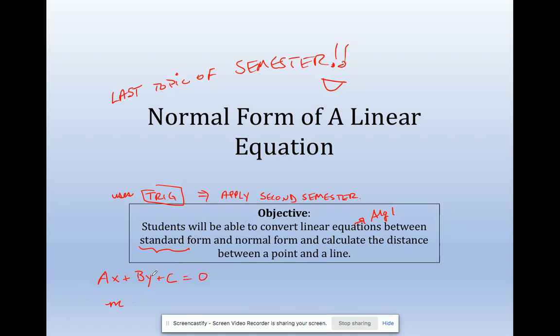Now, of course, you can get y by itself, and you could get it into point slope form or slope y-intercept form. And your slope would be negative a over b, because you would subtract a and then you would have to divide by b, and then this multiplier would be on x.